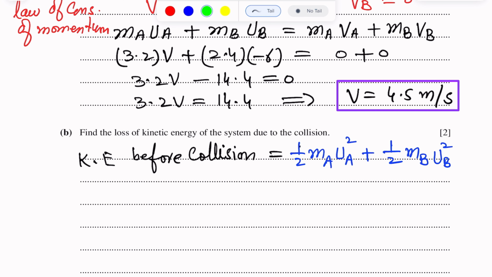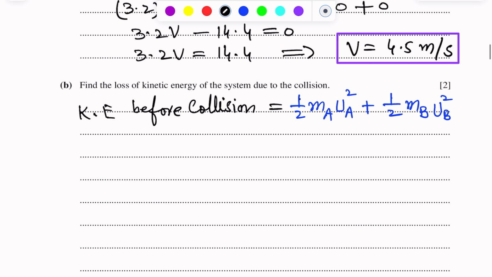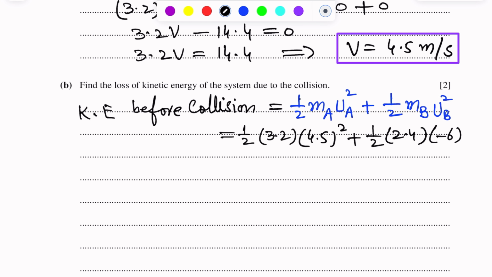Putting the values of mass and speed here, we get 1/2 times MA, which is 3.2, times UA square, where we have found the value of V, that is 4.5 square, plus 1/2 times MB, which is 2.4, times UB square, meaning minus 6 square.